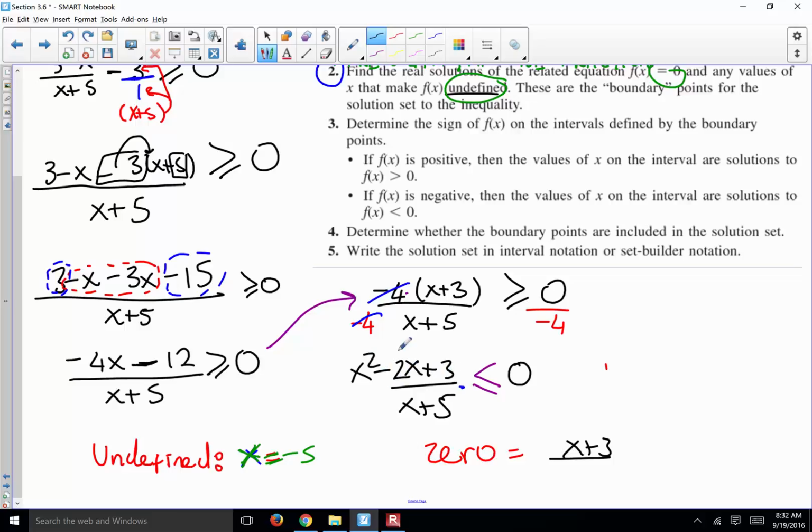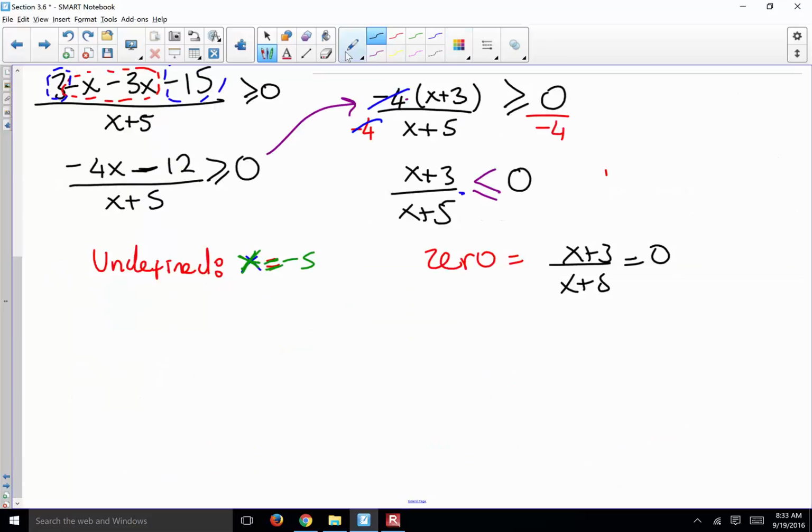All you need to do, no matter how complicated the situation is, is always set the whole thing equal to 0, and wipe the denominator off.